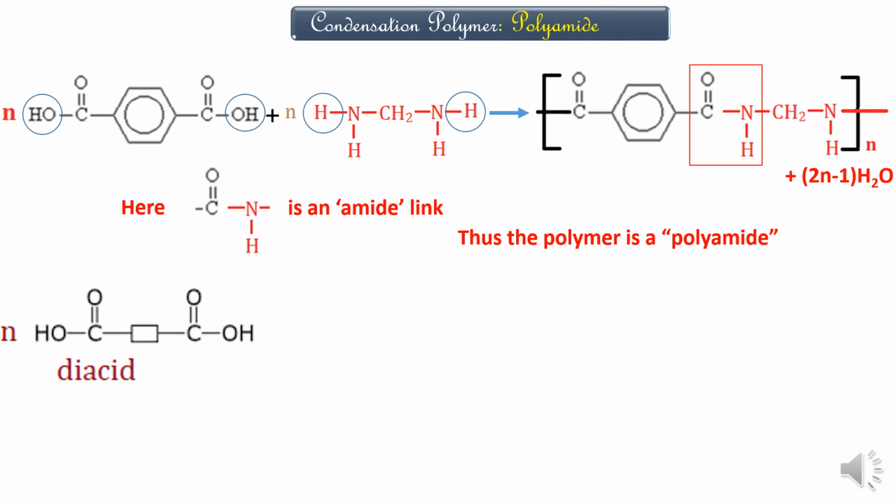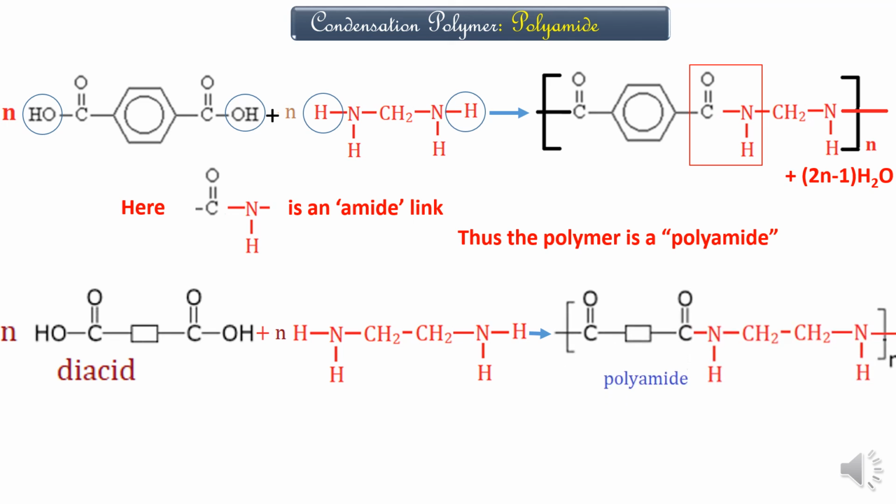Get an example here, a diacid with any number of carbons in the middle portion, and here you get a diamine. What would happen? Simple. The diacid will lose OH on both sides and the diamine will lose H from both sides. Water as byproduct.